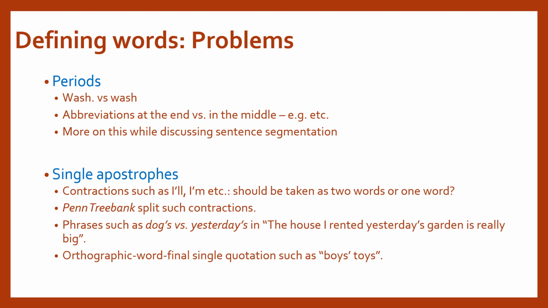Even if you decide, for example, the Penn Treebank, which is another example of a very, very important corpus, actually splits such contractions. That means it will break them into I and 'm in the case of I'm.